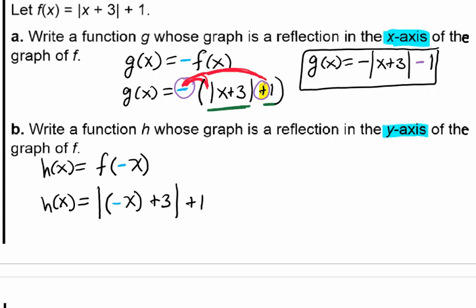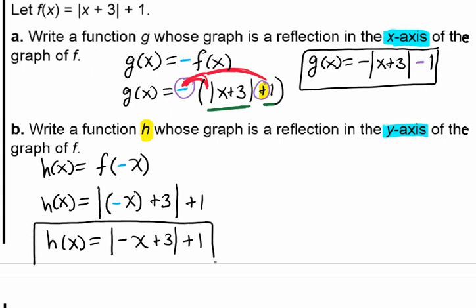It's an h of x, because it told us h right here. So that tells us our answer is h of x equals the absolute value of negative x plus 3, plus 1. And that's going to be our final answer for part B.